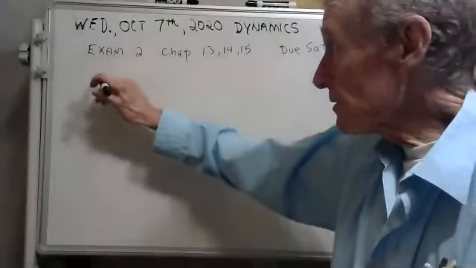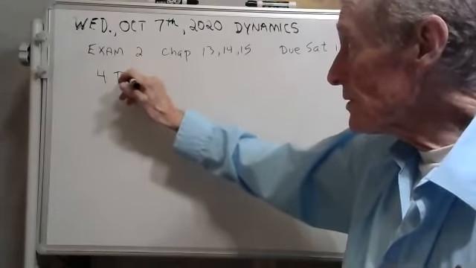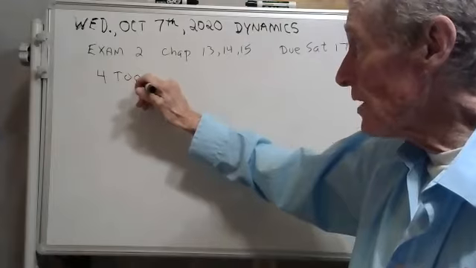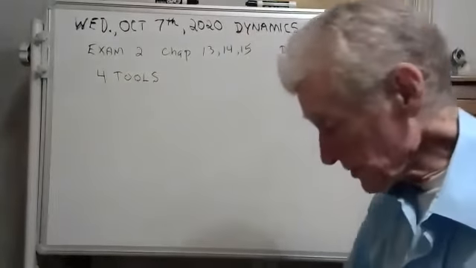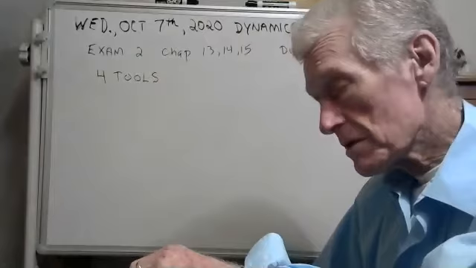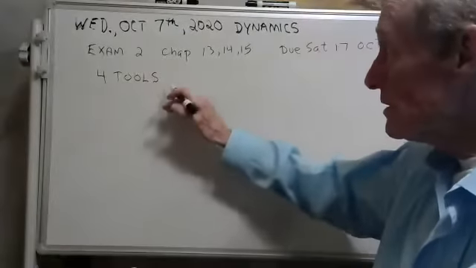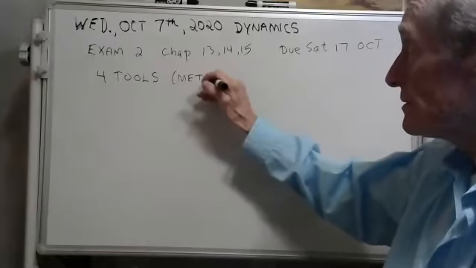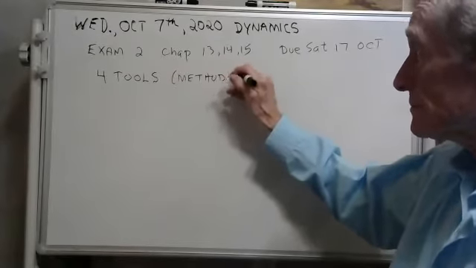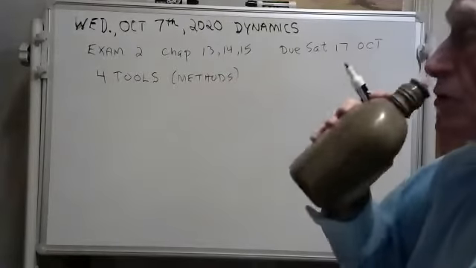Are you aware that there are 4 basic tools that we use to solve problems in dynamics? There's 4 basic tools. You might call them methods of solving problems. Instead of tools, you could call them methods of solving dynamics problems.